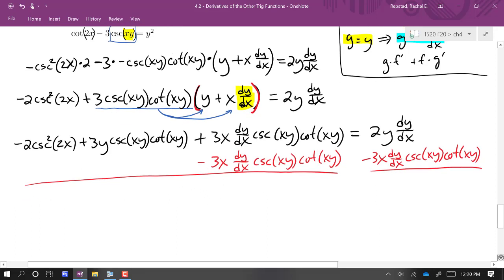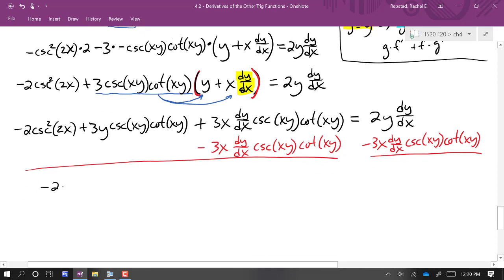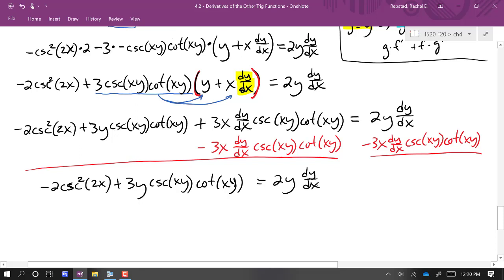So we've got minus 2 cosecant squared 2x plus 3y cosecant xy cotan xy. That's what we've got on the left. On the right, we've got 2y dy/dx minus 3x dy/dx cosecant xy cotan xy. Now we're getting close.